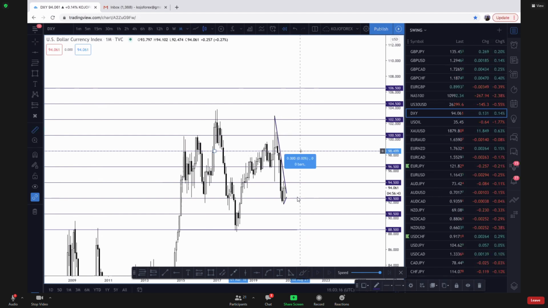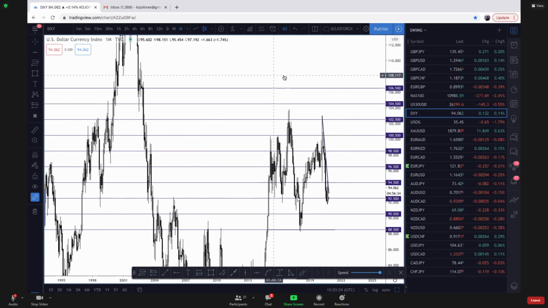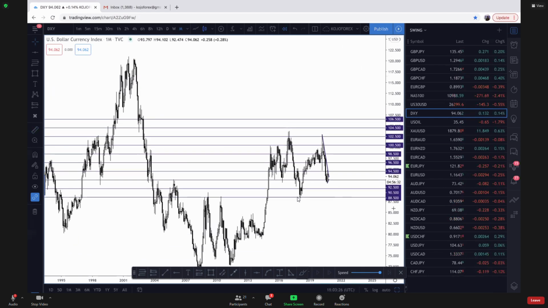Then 98.50 to 108.50 would have been another 10,000 pip. But I just didn't extend it all the way there unless the market decides to trade in that range like it did here, right? You can see. So as far as the market decides to trade there, I would adjust my level. But now we're just dealing in this relevant range.